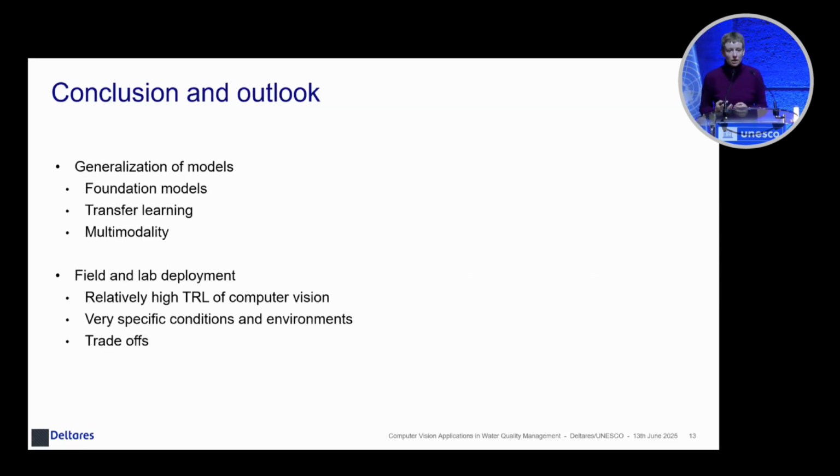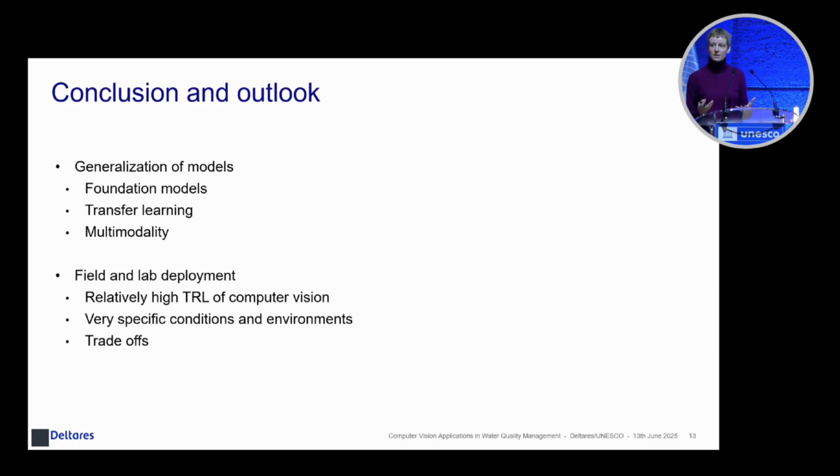So to conclude, we emphasized that model generalization through foundational vision models, transfer learning, and multimodality is key for the scalability and adaptability of AI systems.